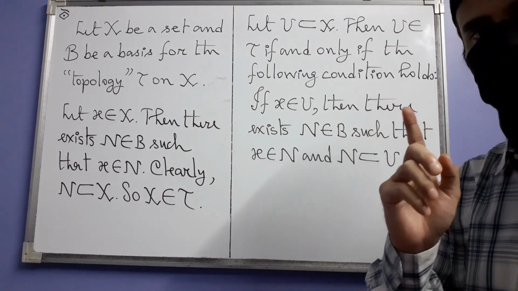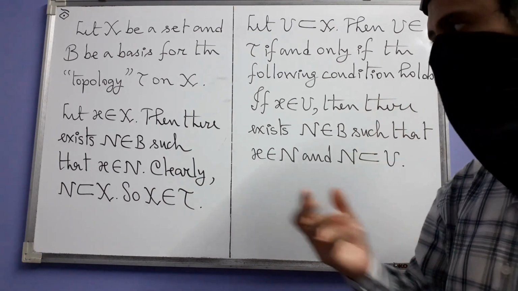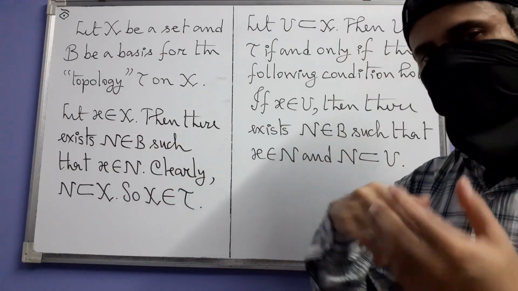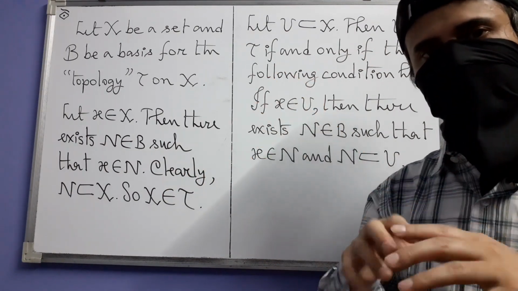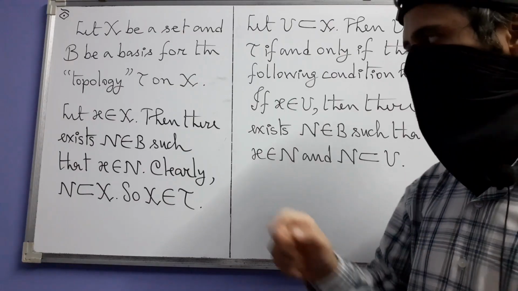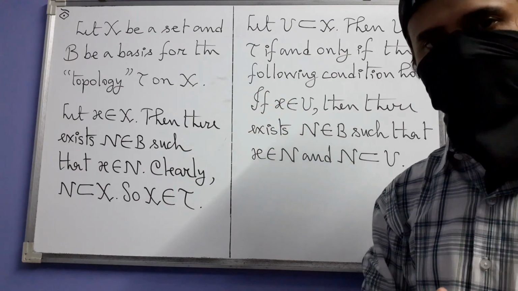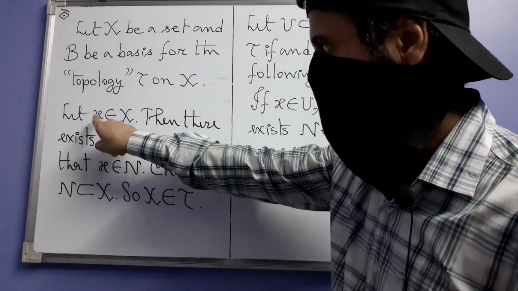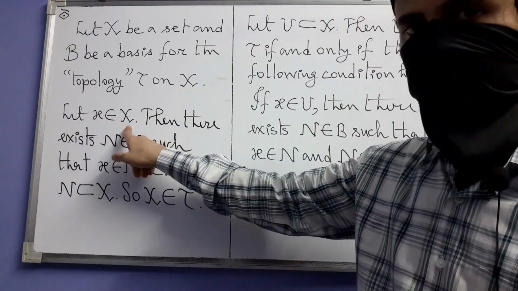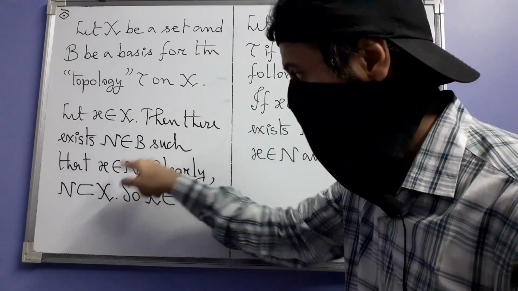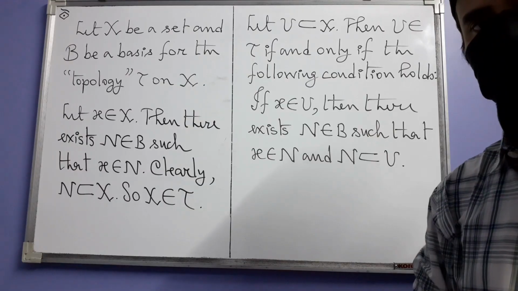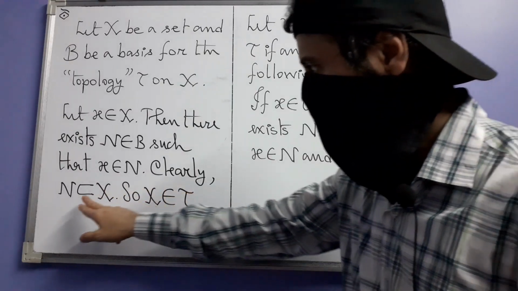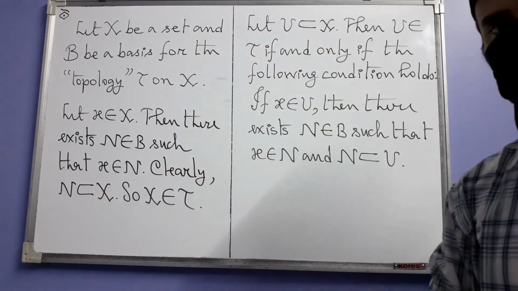Do you remember what I said in the previous video? That the basis elements, when taken together, cover the entire set X, in the sense that their union is equal to X. So obviously, no matter what point from X you choose, that will belong to some basis element. And clearly N is a subset of X. Why?